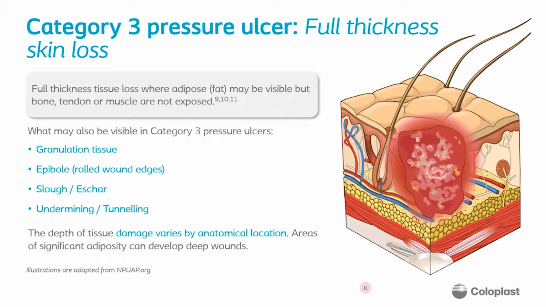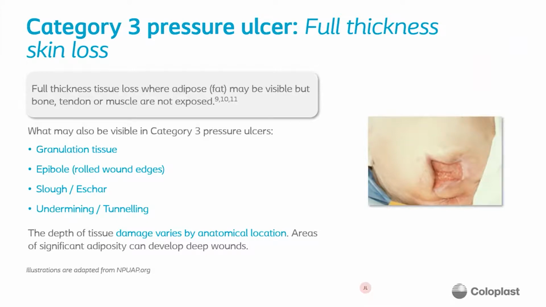As you can imagine, a pressure damage over the bridge of your nose from a mask or medical device, there's not as much tissue or thickness of tissue there as there is, say, on your ischial tuberosity, on your seating bone. So you're going to get to that full thickness skin loss far quicker over the nose than you would on your ischial tuberosity. So the depth of tissue loss can vary depending on that location.